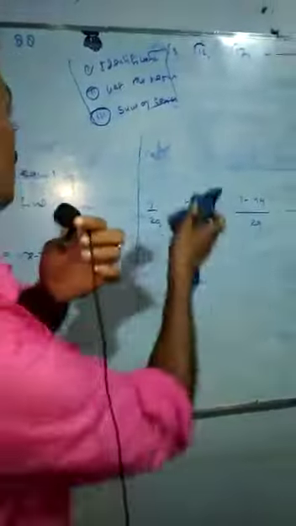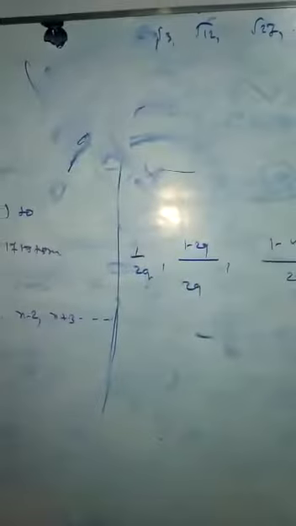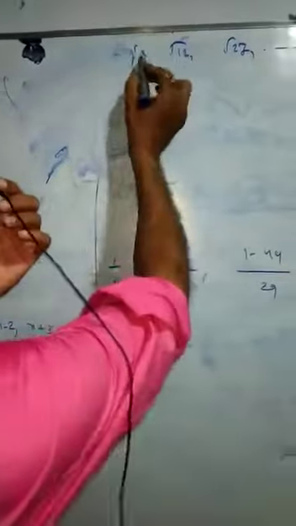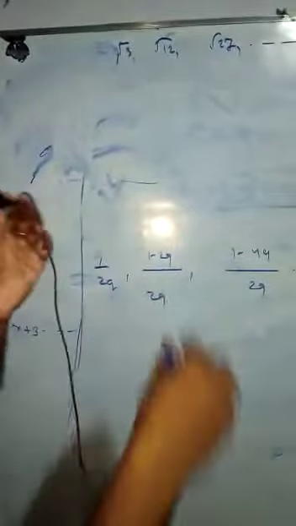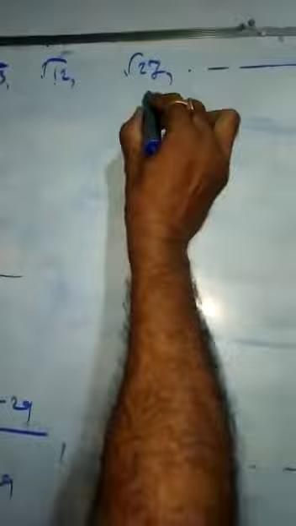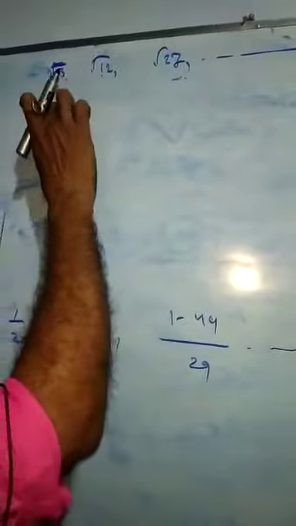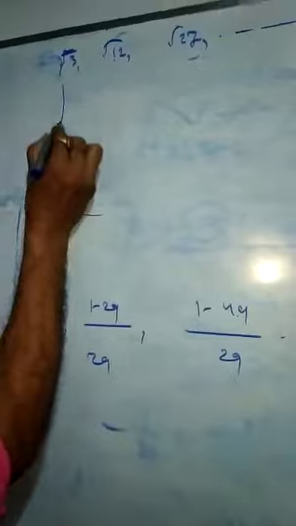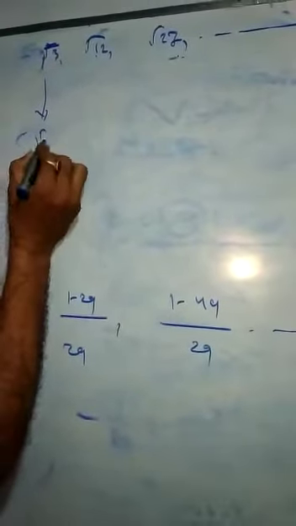First, suppose we are given this series: root 3, root 12, root 27, and so on. We have to check whether it is in AP or not. The first number is root 3.